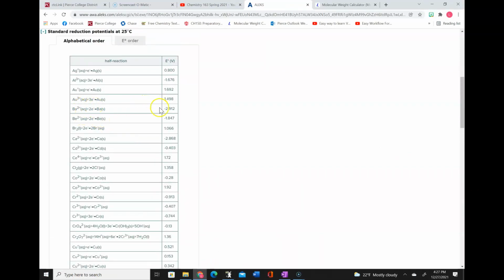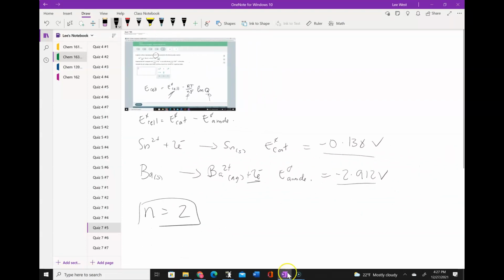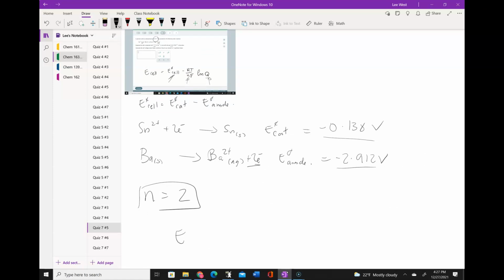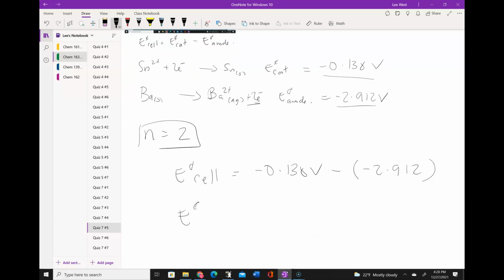Barium 2+, yep, that's fine, minus 2.912 volts, right? So E0 cell is my cathode, minus 0.138 volts, minus my anode, minus 2.912 volts. So it's going to be a very positive standard cell potential.